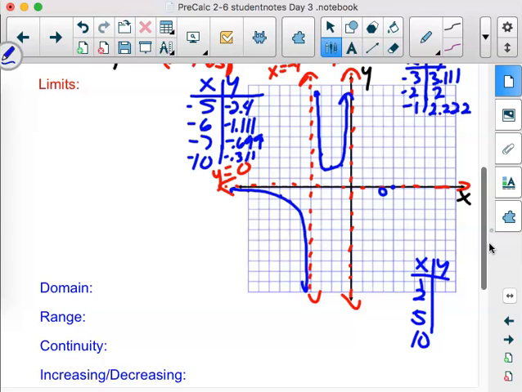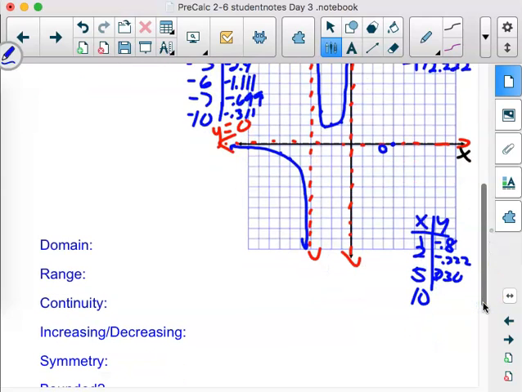1 is -0.8. 2 is -0.222. 5 is 0.0. Well, we're going to have to round to 0.030. And 10 is 0.057.